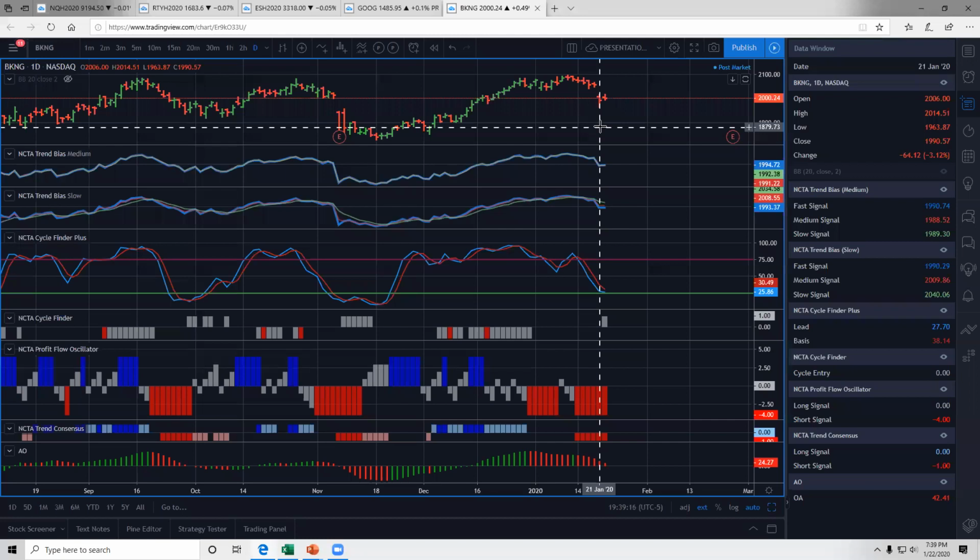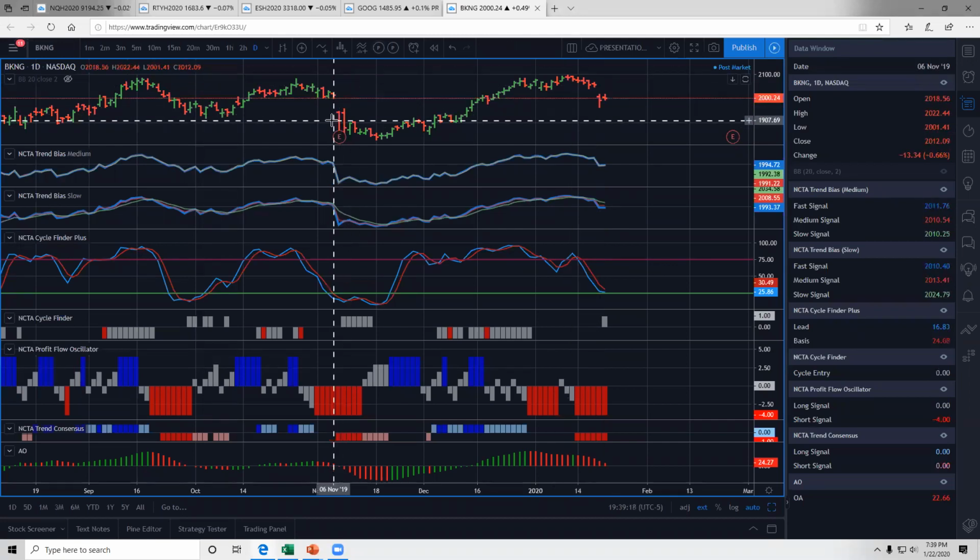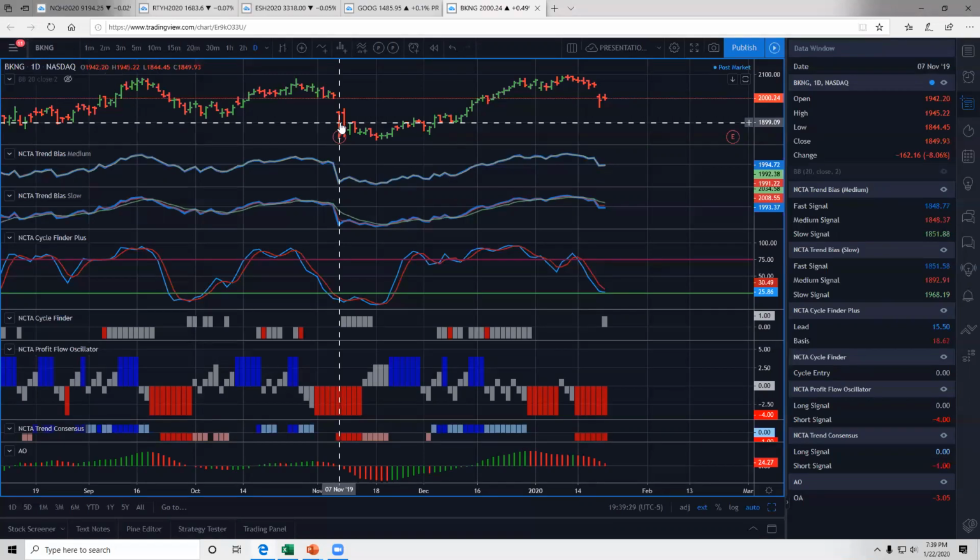I mean, it doesn't happen every day, but you can go back here to Booking around their earnings date, and the stock closed at 2012, and the next day it gapped down to open at 1942. So you've got a 70 point gap down.